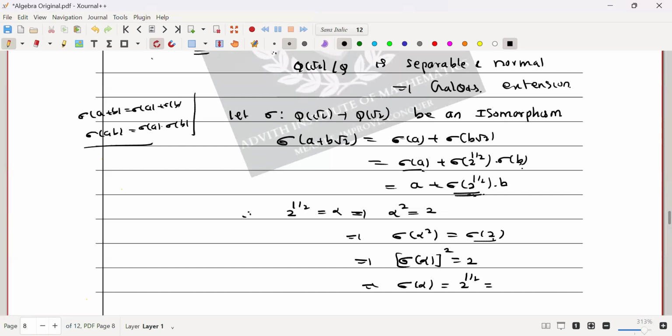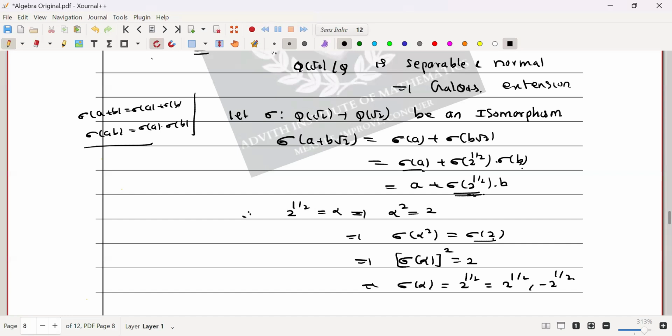So sigma of alpha is equal to 2 power 1 by 2 or minus 2 power 1 by 2, sir.